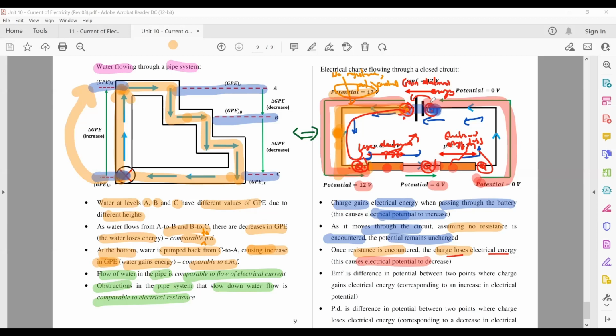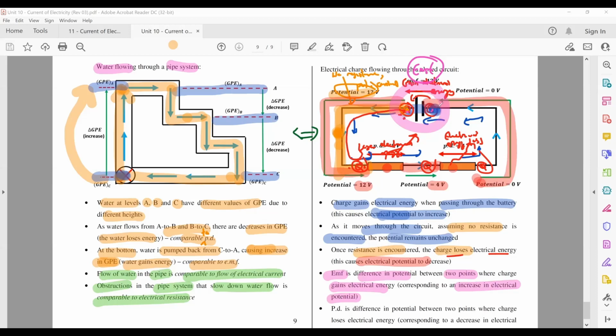One thing to note here is that when it comes to differences in potential, EMF is the difference in potential between 2 points where charge gains electrical energy. It's actually this part here, which you will normally term as EMF, because between these 2 points, the charge is gaining electrical energy. Other forms of energy are converted to electrical, which corresponds to an increase in electrical potential.